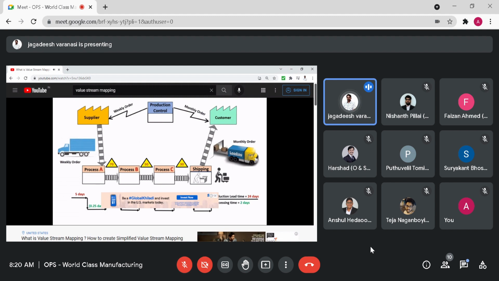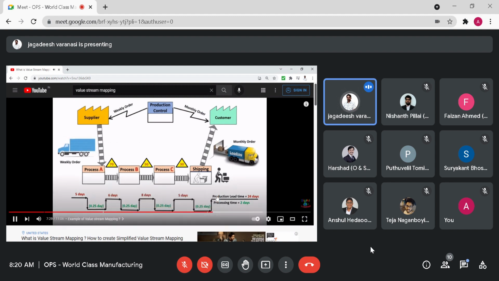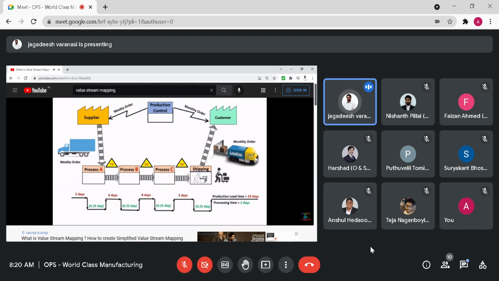So choose the process which has high probability for success. Don't try to tackle the most important or difficult process first, because you may never make it through the entire mapping project. So with so much information packed into this value stream mapping, it is no surprise that there are terms and features that may need some explanation.